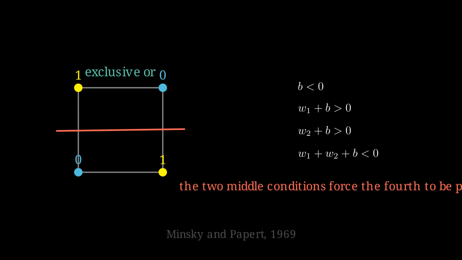But the 4th condition demanded that very same quantity be below 0. A number cannot be positive and negative at once. No weights satisfy all 4. One straight cut can never separate 2 corners that sit on a diagonal. This was Minsky and Papert in 1969, and it stalled the field for over a decade.